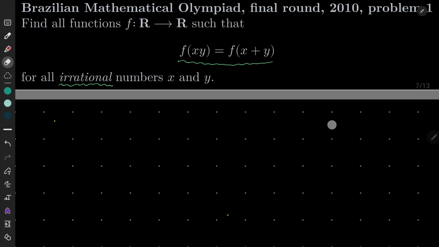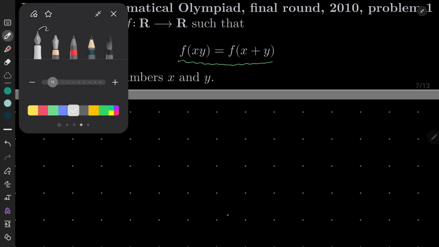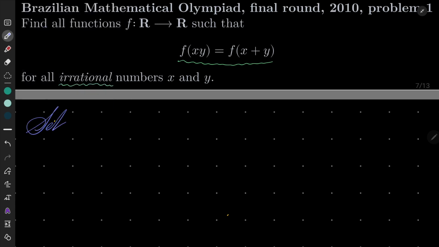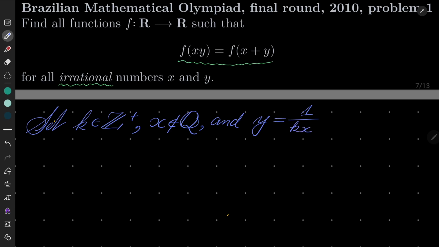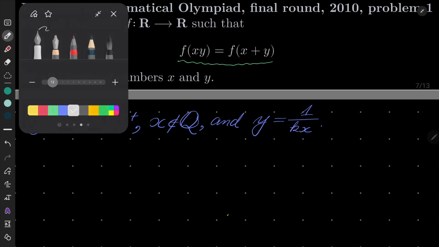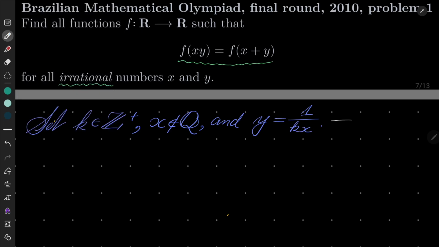Okay, so I hope that you've managed to solve it. First of all, let k be any positive integer, let x be any irrational number, and let y be equal to 1 over k times x. Well, it means obviously that y is irrational as well.